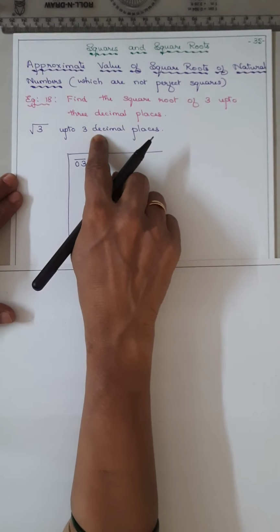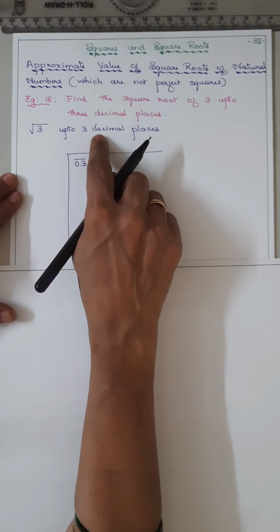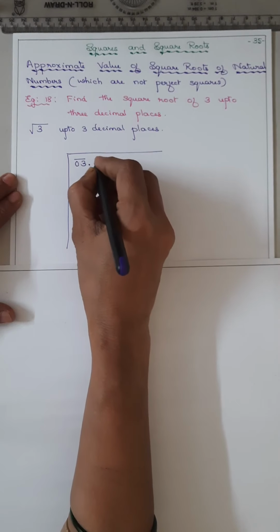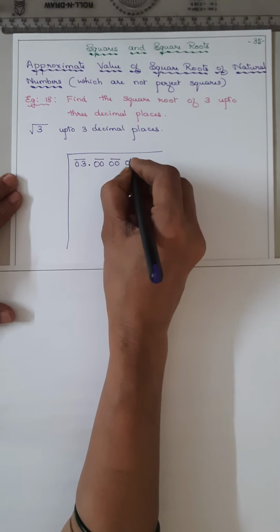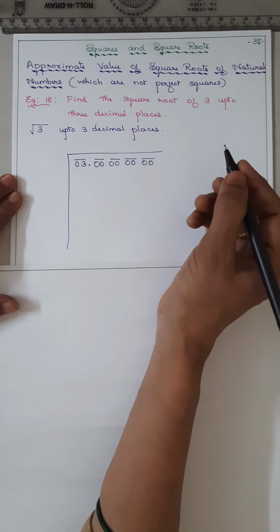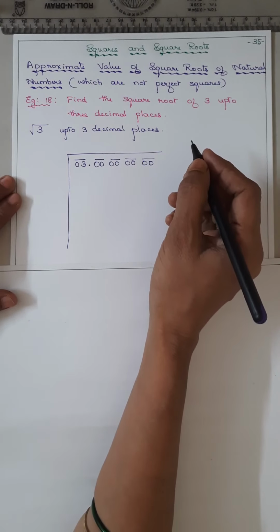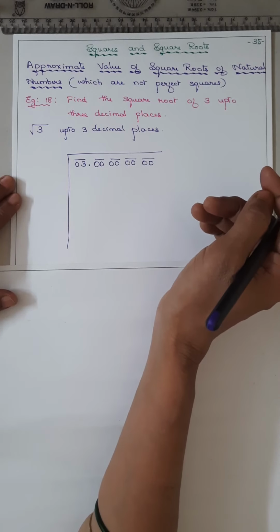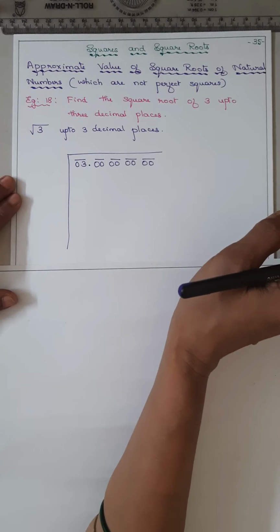Now 3 decimals, but we have to find the answer up to 4 decimals, then round off. So this is for the first decimal, this is for the second decimal, this is for the third decimal, and this is for the fourth decimal. So we have to find the answer up to 4 decimal places and then round off to 3 decimal places. So extra zeros we have to put.